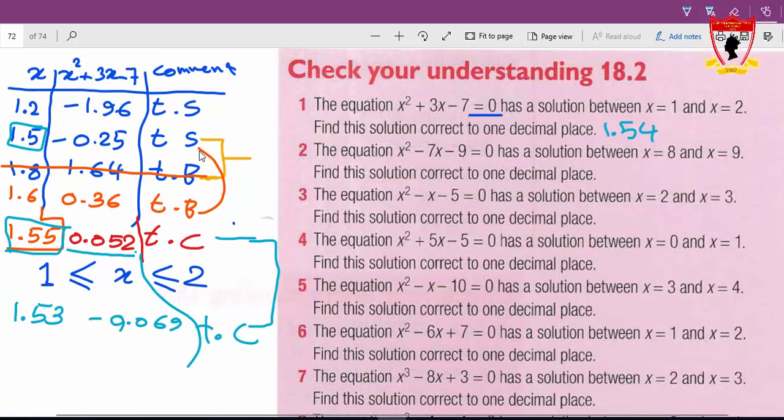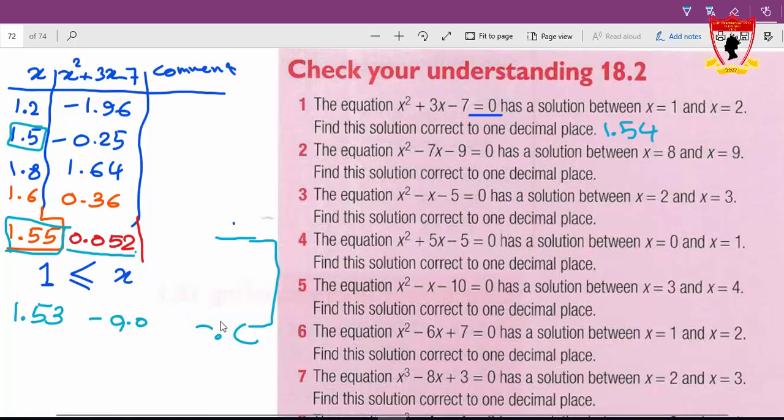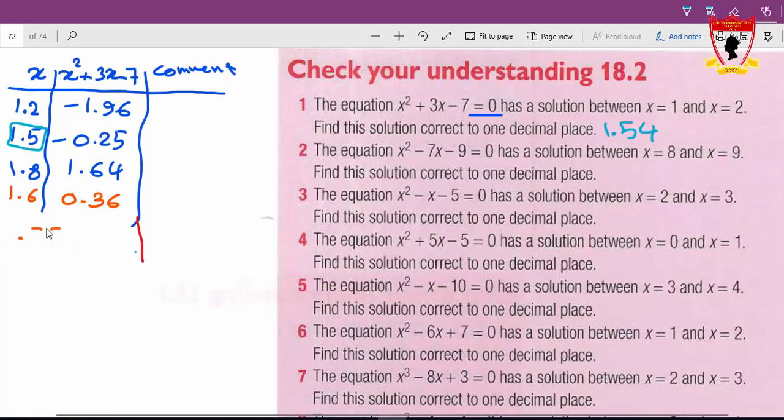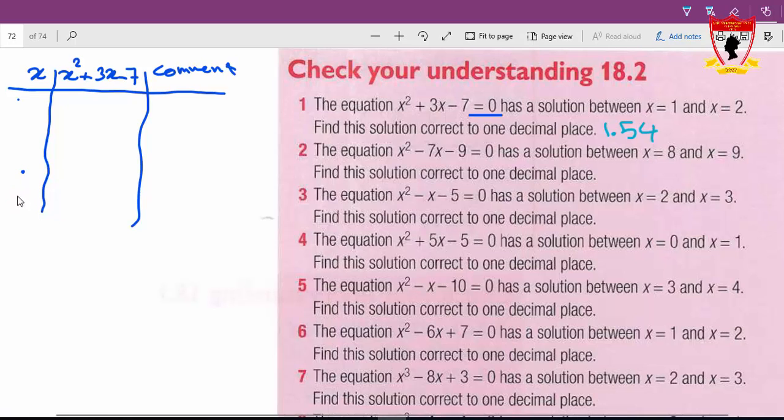Question 2, we're going to use the same way. This time the equation is x squared minus 7x minus 9.